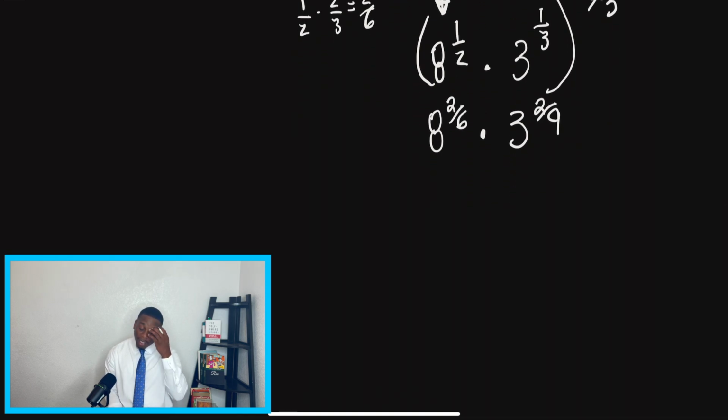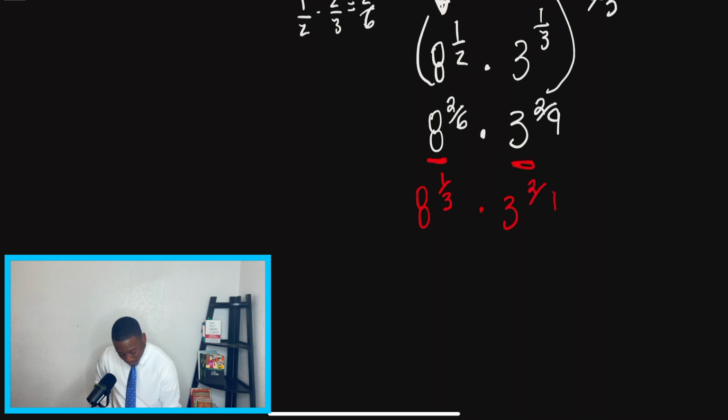Now, as you guys can see, we don't even have the same base. We have a base of 8 and a base of 3. So with the properties of exponents, we can't even combine these. However, there is a way that we could rewrite this so that we can combine. So remember, 8 to the 2/6 power, if we reduce this, is 8 to the 1/3 times 3 to the 2/9.